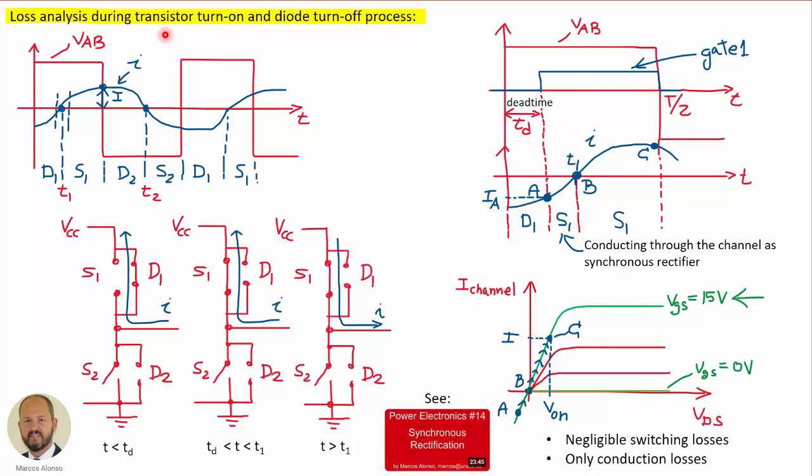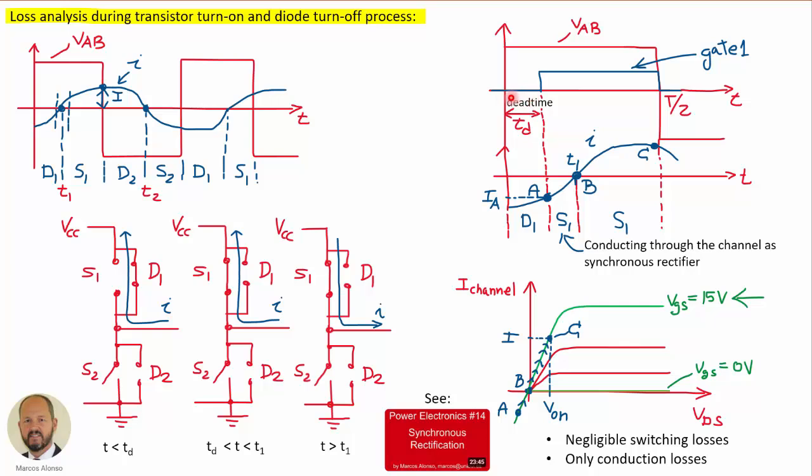So let's see now what happens during the transistor turn on and diode turn off process. This is here around this point when the current is crossing zero value. Here on the right we have a detail of what is happening. This is the zero crossing of the current. Here we have the gate voltage.